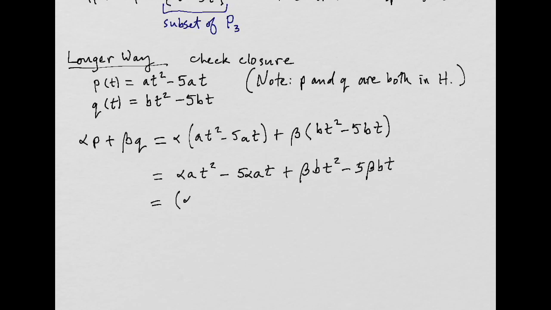So we're going to have alpha a t squared plus beta b t squared, and fix that b.